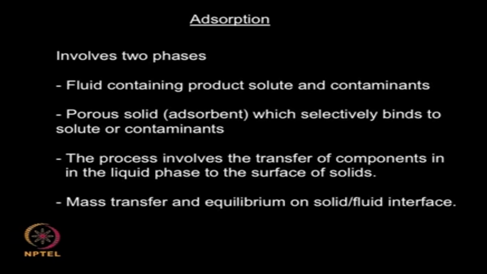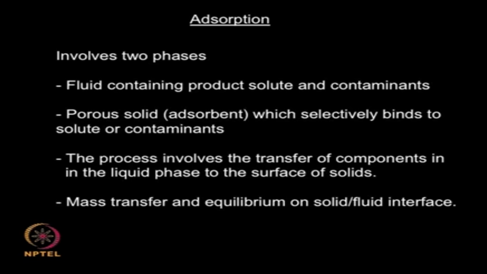So there are two phases in any adsorption process. It is a multi-phase process. You have the fluid containing your solute and other contaminants, that is fluid means the slurry, and then the adsorbent, that is the porous solid which selectively adsorbs a contaminant or a solute. Okay.